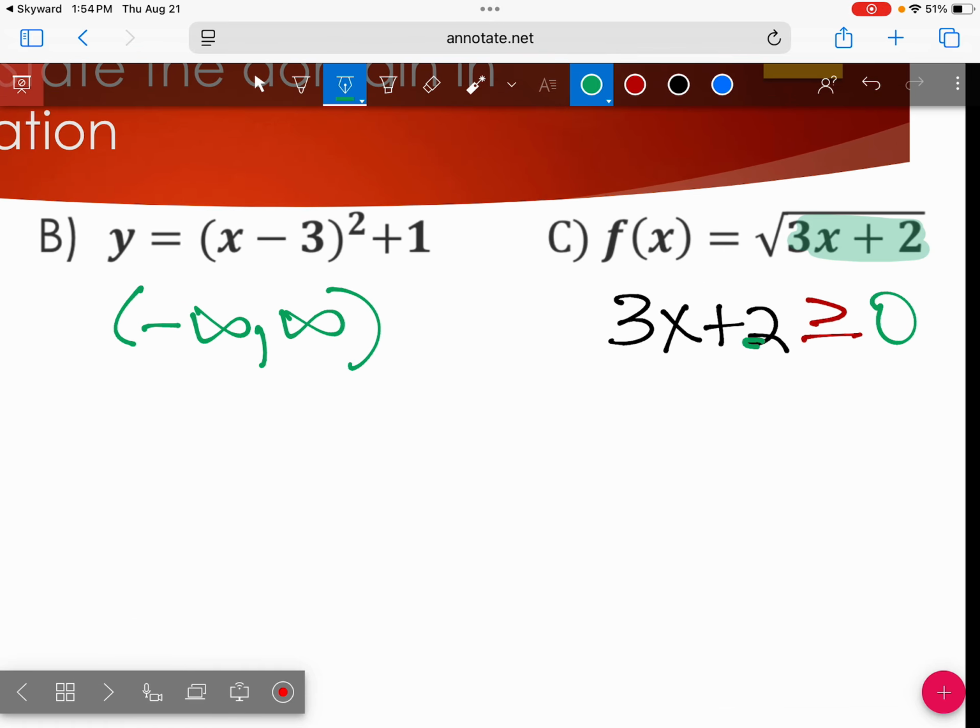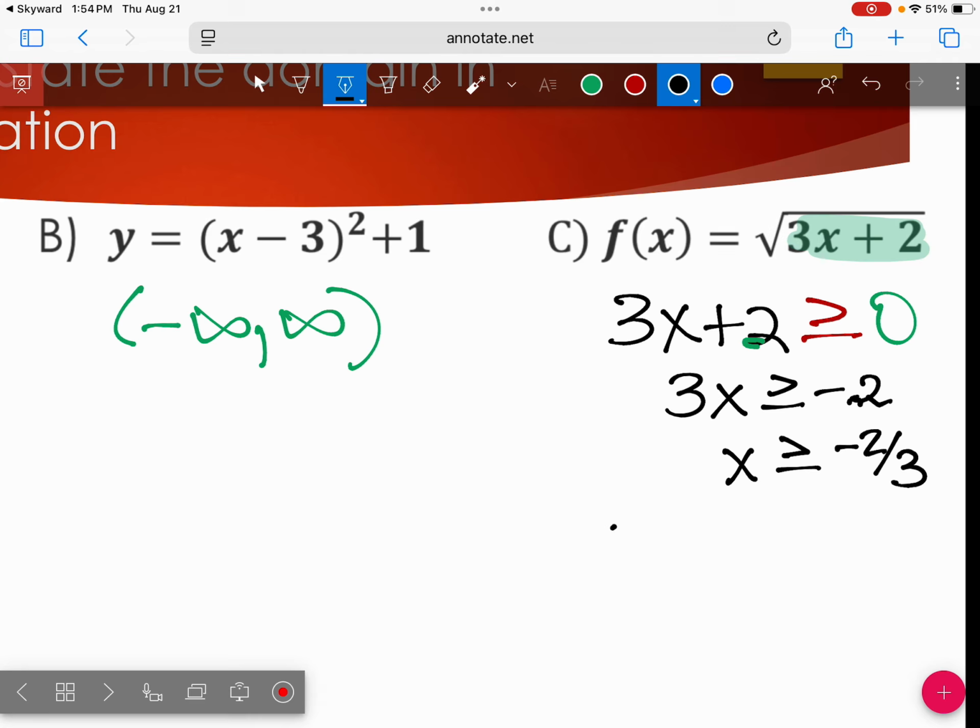Same rules to solve an inequality apply. First thing we're going to do, subtract the 2. Now I have to divide a negative by a positive. Do I need to flip my inequality? No. So x has to be greater than or equal to negative 2/3.